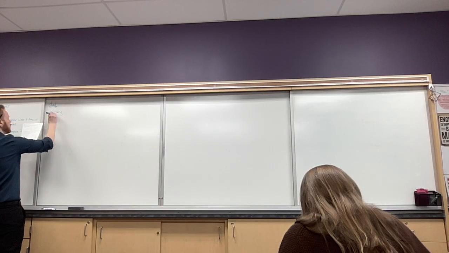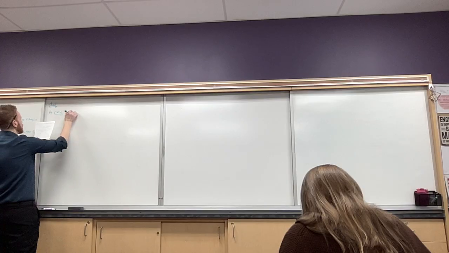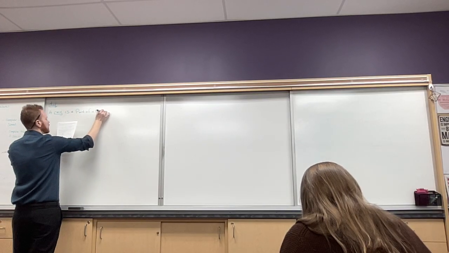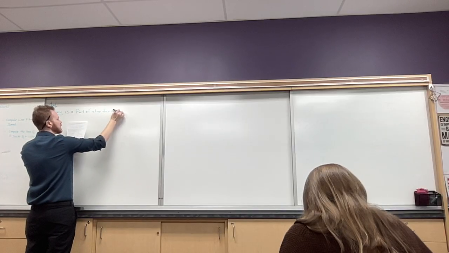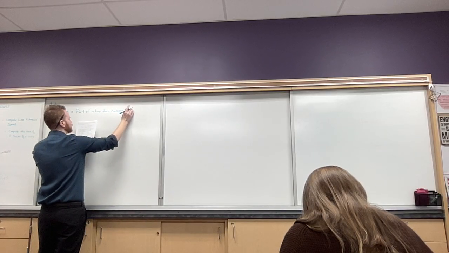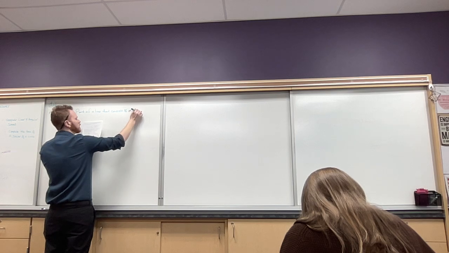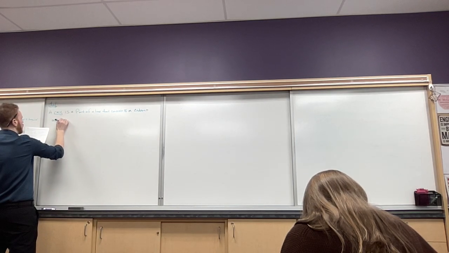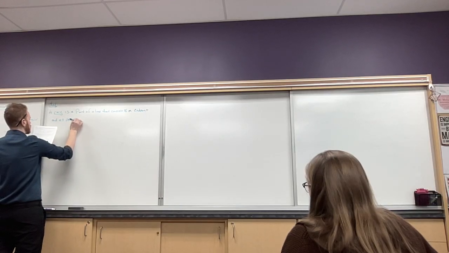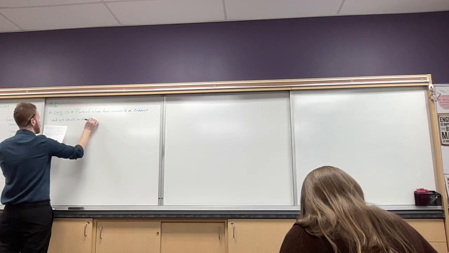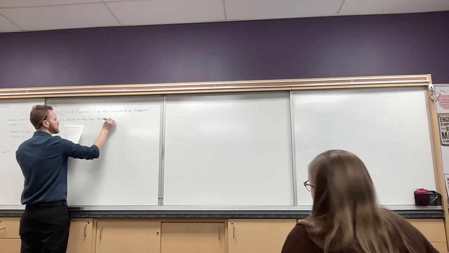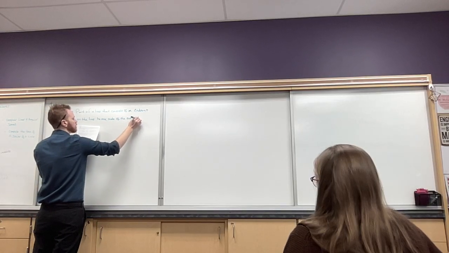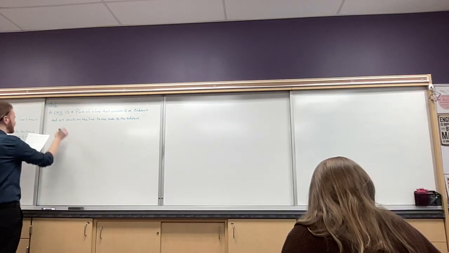We have a ray, which you learned from geometry, is a part of a line that consists of an endpoint and all points on the line to one side of the endpoint. So it's half a line, is what that's saying.